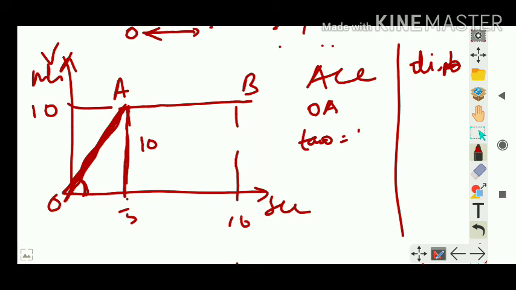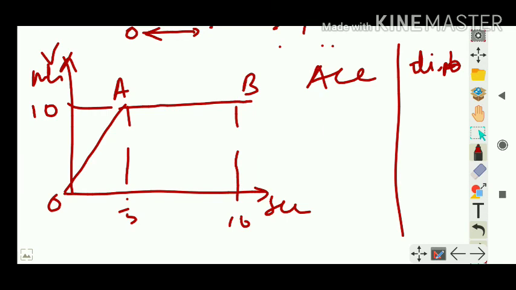So it is 10, y by x, and what is the x segment here? This value, that is 5. So you can write 2 meter per second squared is the acceleration for the segment OA. Simple. Clear?